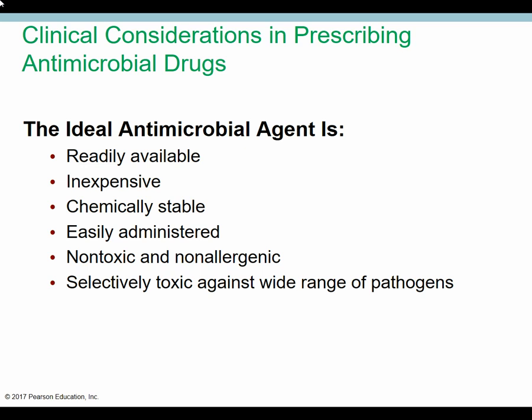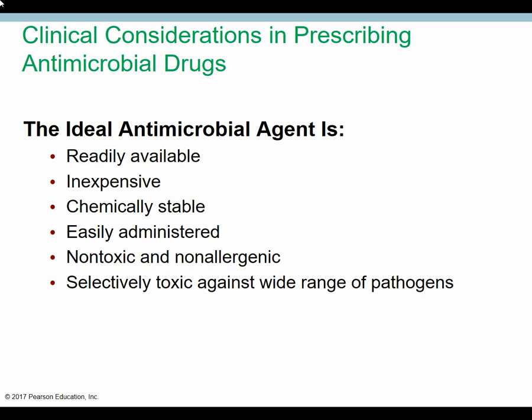So we start this section with the clinical considerations for antimicrobial drugs in terms of being used in a patient. And listed here are the ideal characteristics of an antimicrobial drug.